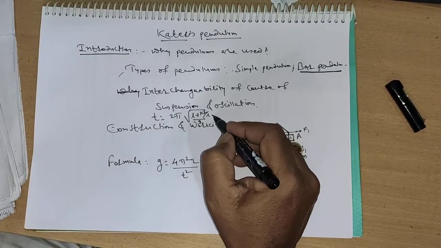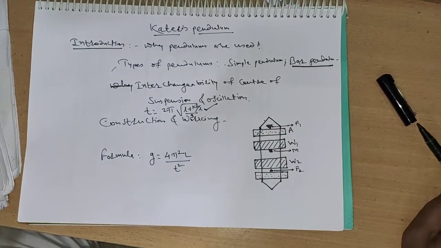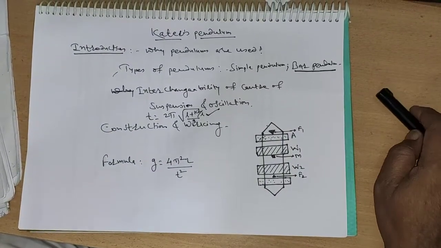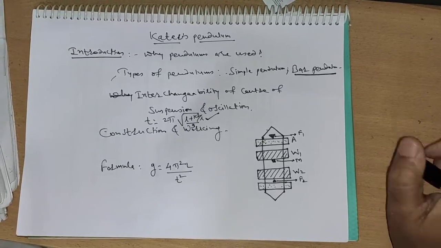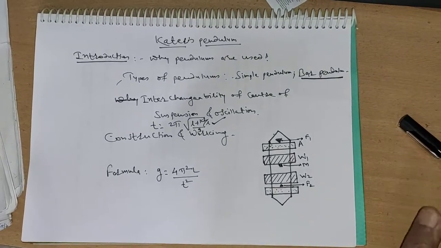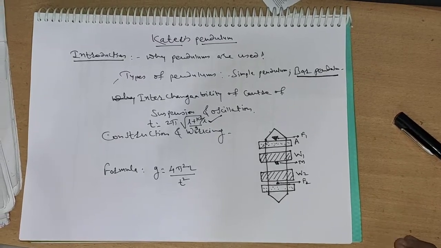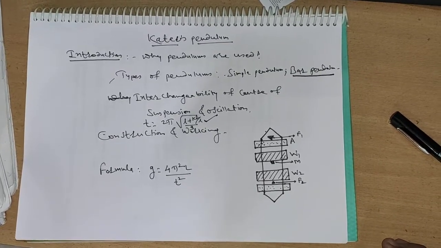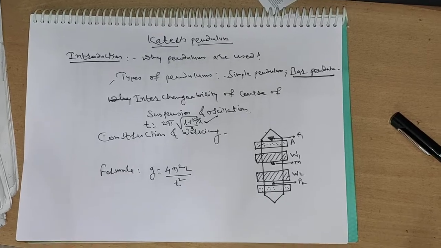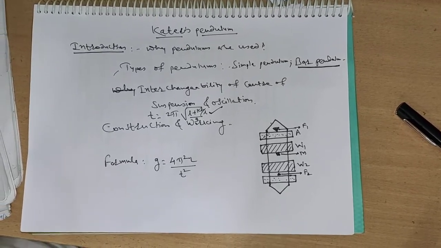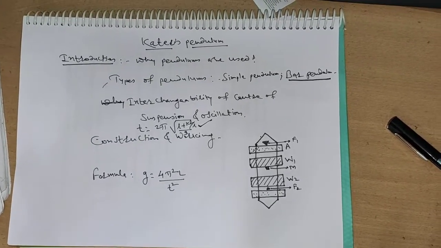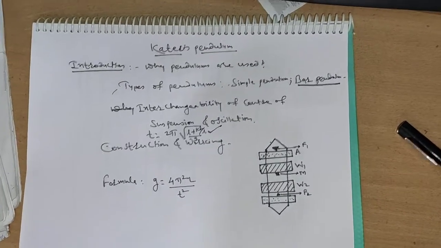This is the same for the center of suspension and the center of oscillation, and thus we can say that the centers of suspension and oscillation are interchangeable. They are reciprocal to each other. This is an important property of the pendulum, which was first put forward by Huygens.